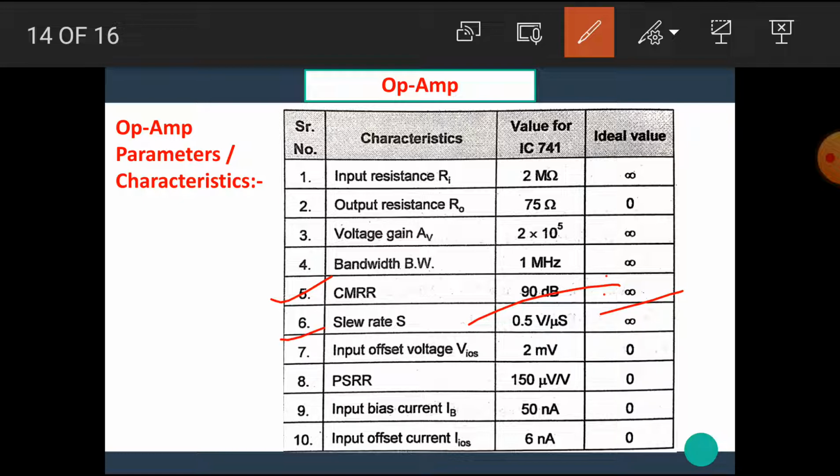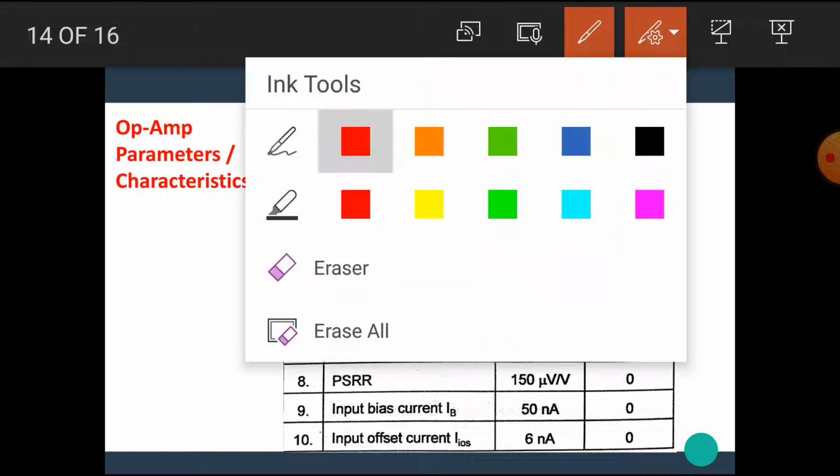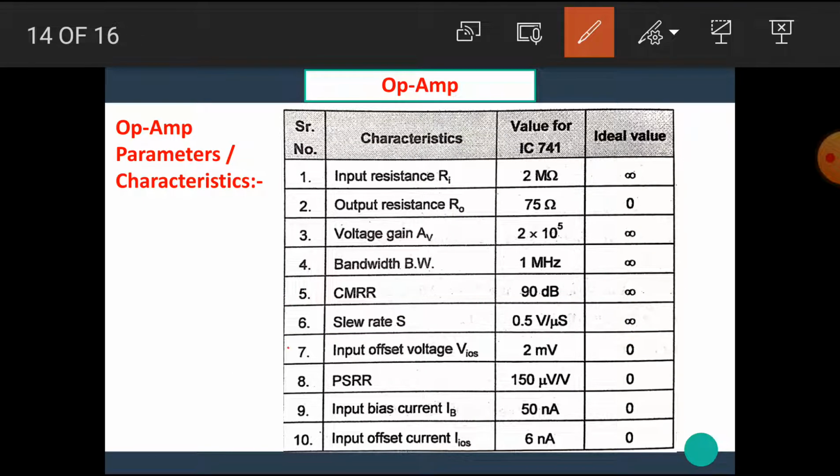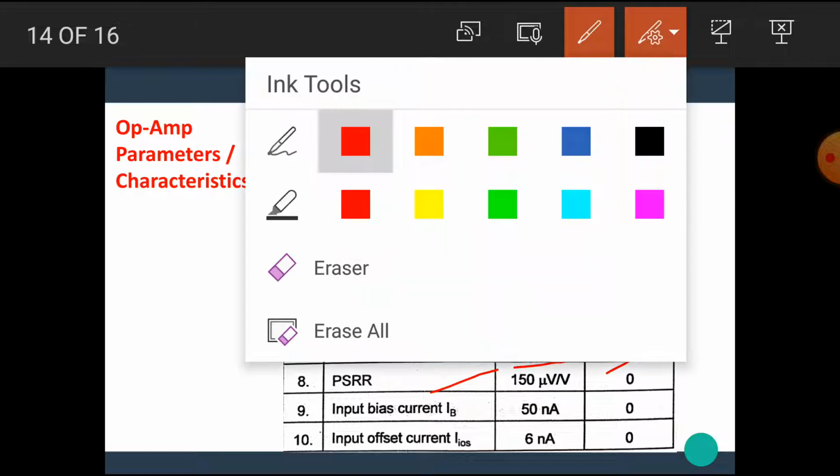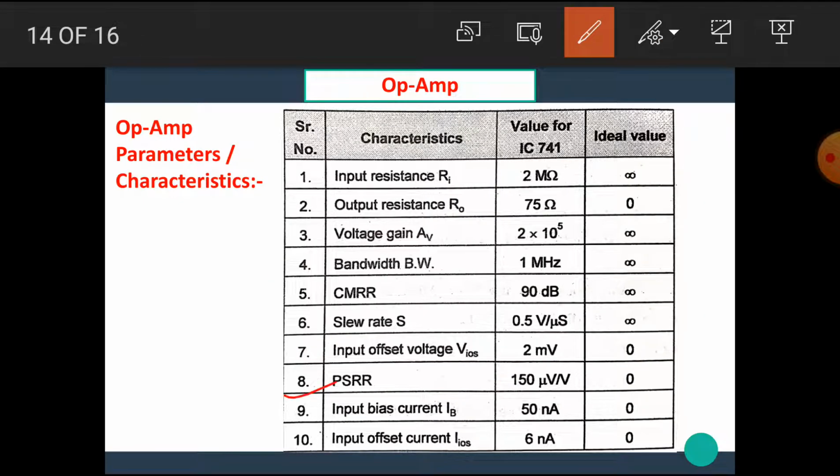The next one is slew rate. The ideal value of slew rate is infinity, and for IC741 it is 0.5 volt per microsecond. The next is input offset voltage V_IOS. Its ideal value is 0, and for IC741 it is 2 millivolt. Next one is PSRR, that means power supply rejection ratio.